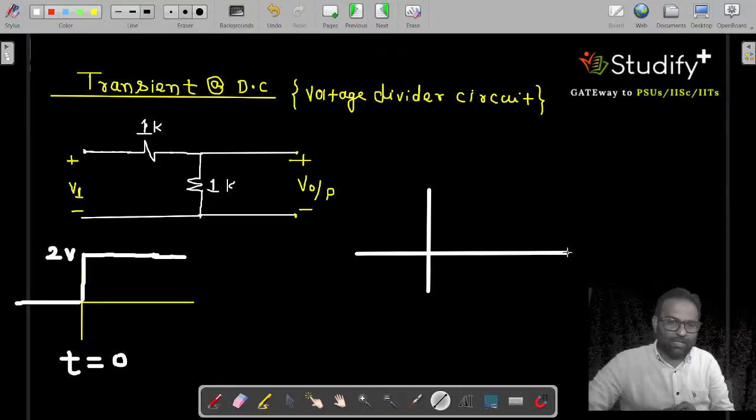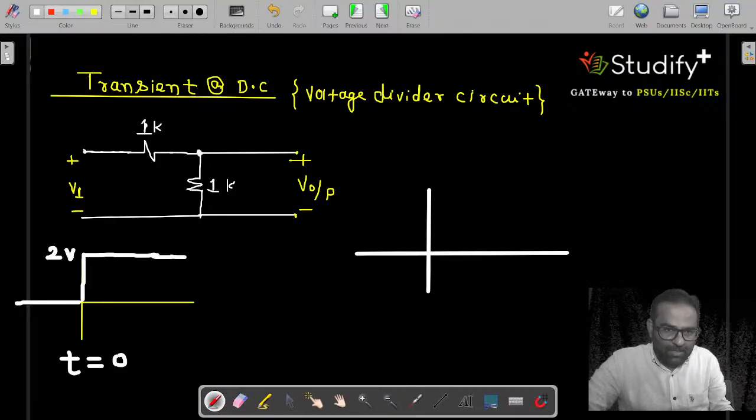If I calculate the output, I am calculating the potential across this 1 kilo ohm resistance. With respect to time, I want to measure V output.